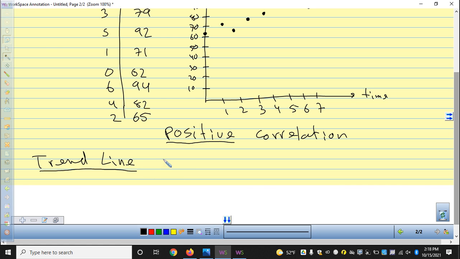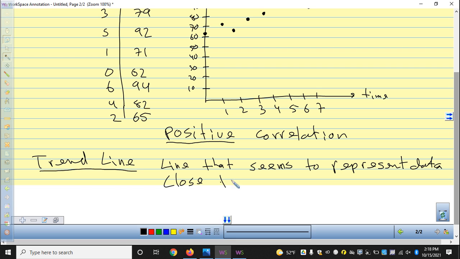It's a line that seems to represent the data. It's a line that is close to most of the points. So it doesn't have to be close to every single one of the points. We want it to be close to most of the points.